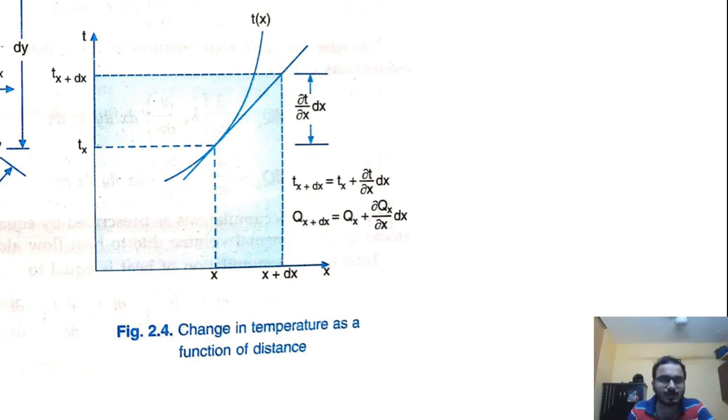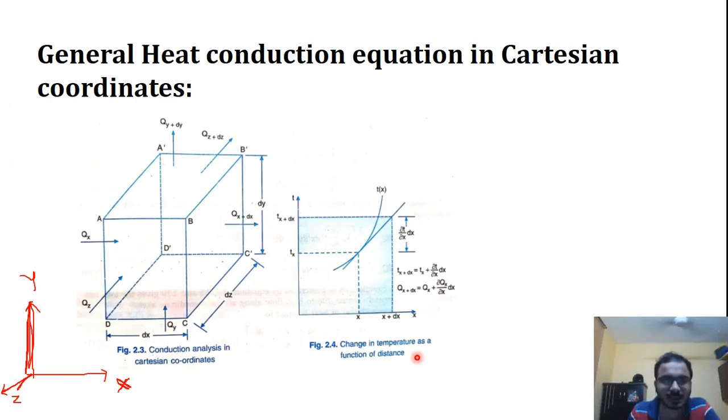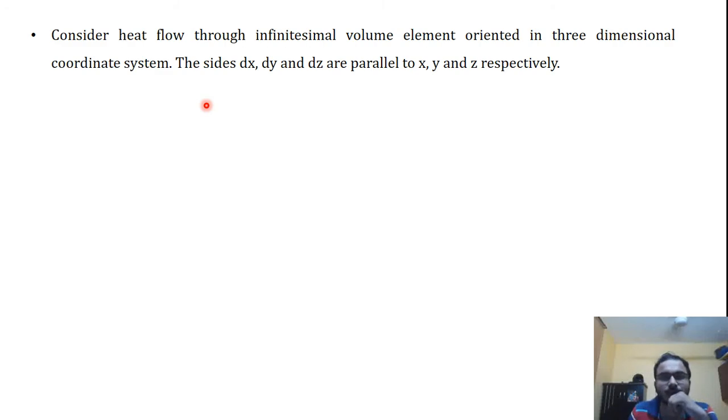So this is the figure for understanding general heat conduction in Cartesian coordinates. This is in all three directions. Now we will try to derive this. So consider that the heat is flowing through an infinitesimal volume element oriented in a three-dimensional coordinate system.